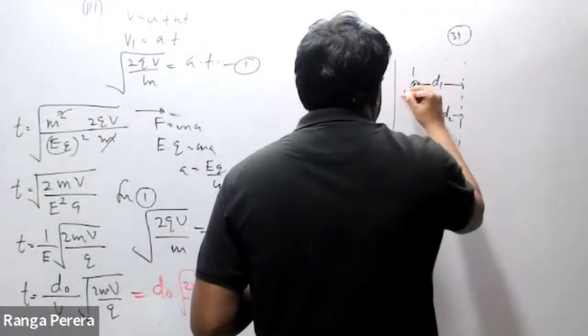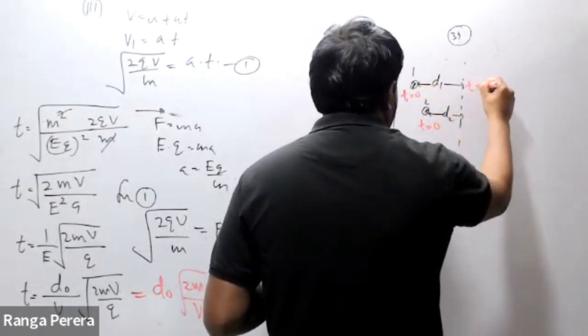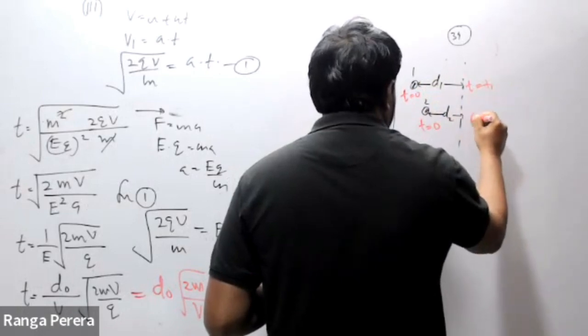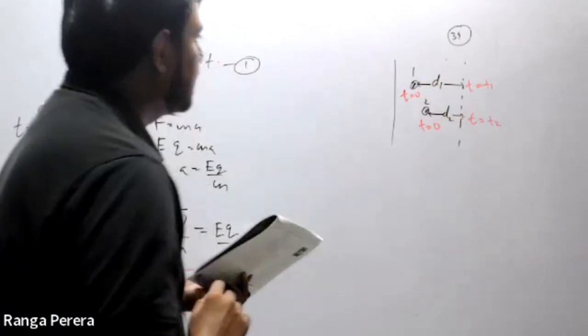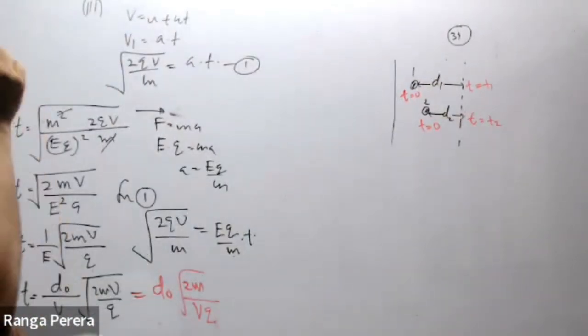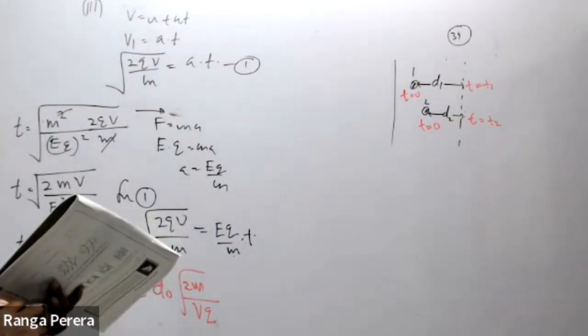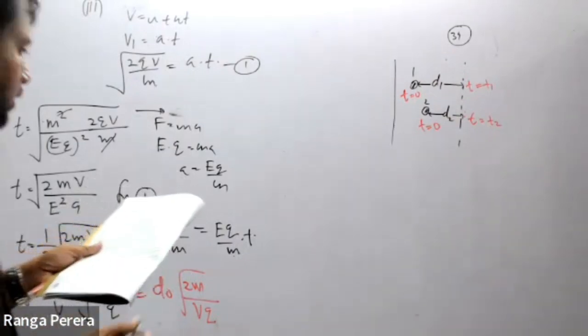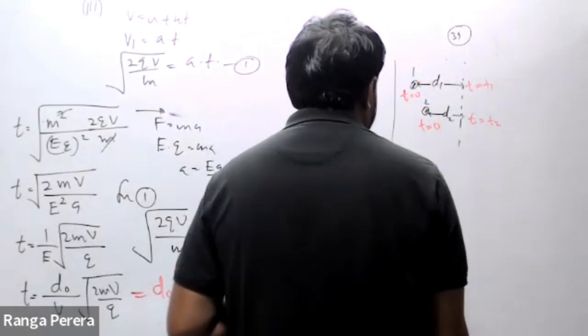Both particles are released at t equals 0. At t equals t1, one comes to this point, and at t equals t2, the other comes to that location. They want us to calculate t1 and t2. Both charges are plus Q charges.